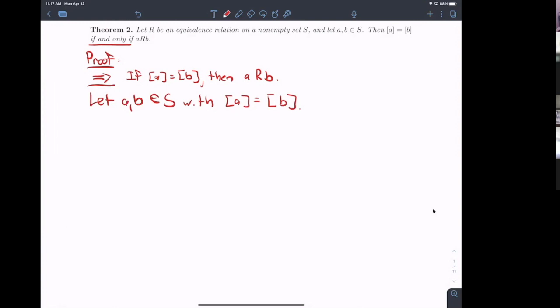Okay, so let's consider, and remember, these are sets. When I say equivalence class A is equal to equivalence class B, I'm really saying that set of values contains all of the same elements that equivalence class B contains.